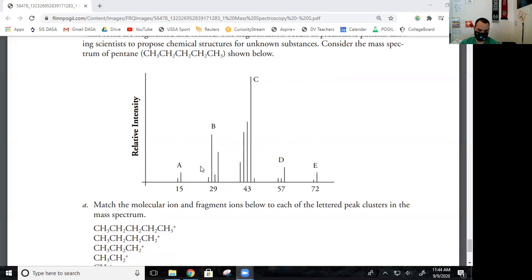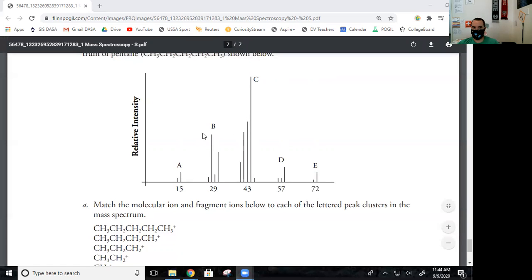Mm-hmm. Because if you have CH3, CH2, CH2, CH2, CH3 with a positive ion, that is going to be significantly more massive than just CH3, CH2 plus. So what we're doing here is taking these letters that represent different peaks on our mass spectrograph, right? This is a mass spectrograph.